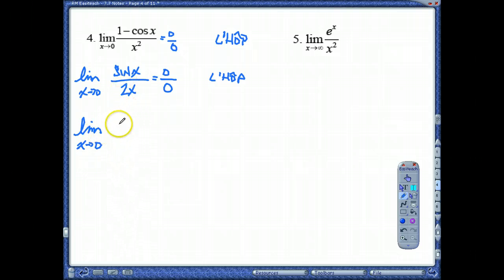So we're going to take the derivative of sine, which is cosine. The derivative of 2x is 2. Oh, looks like we're going to be done because there's no way I'm getting 0 on the bottom. Put 0 in there, I get 1/2.